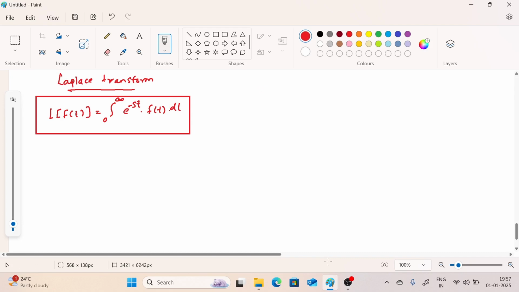So we derived the values: Laplace of 1 is equal to 1 upon s. Laplace of e raised to at is equal to 1 upon s minus a.